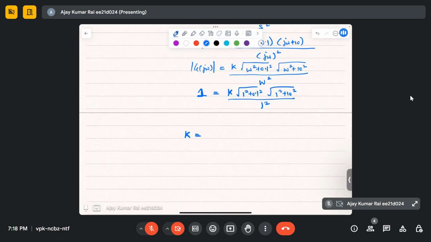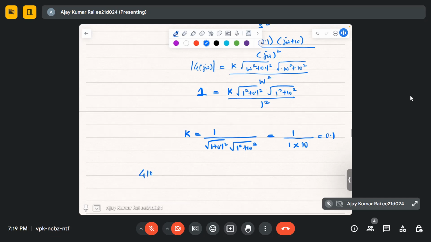So K is equal to 1 by (1 plus 0.1 square) into 1 square. Let's do some approximation. So I'll just write 1 into 100. Square root of 100 is 10, so K is equal to 0.1, right?